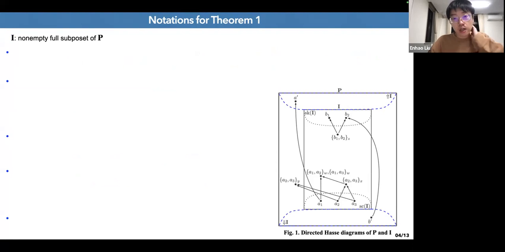So I'm almost ready to introduce our first theorem, but we still need some notation. I'm sorry, this is a bit notation heavy, but let me introduce these notations.